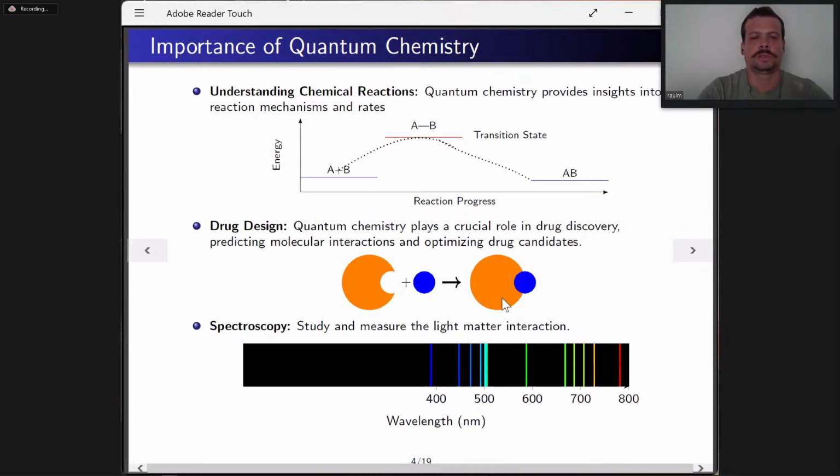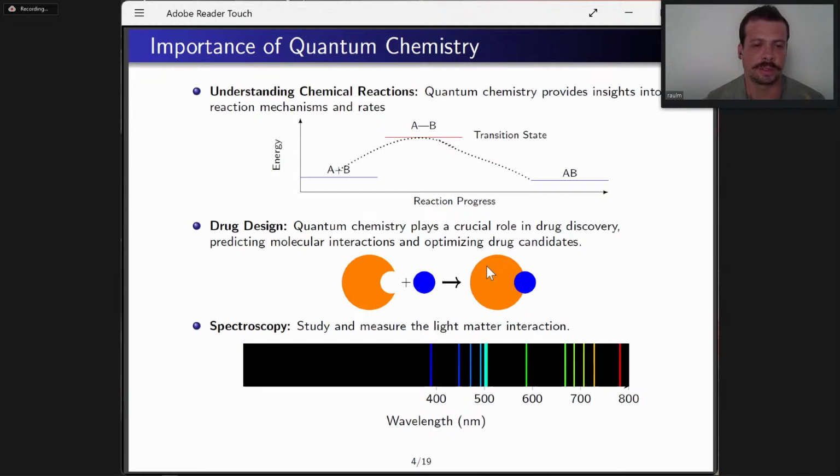We can model the interaction energy between both. So it actually helps to optimize the drug candidates. If we have many candidates, we can select the one with the minimum energy, because they will interact more strongly, and the drug will be more efficient.